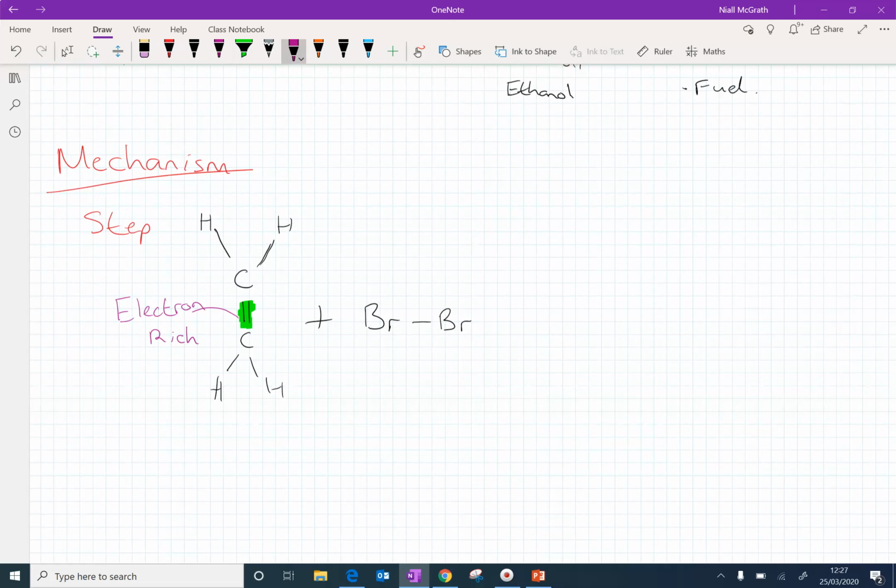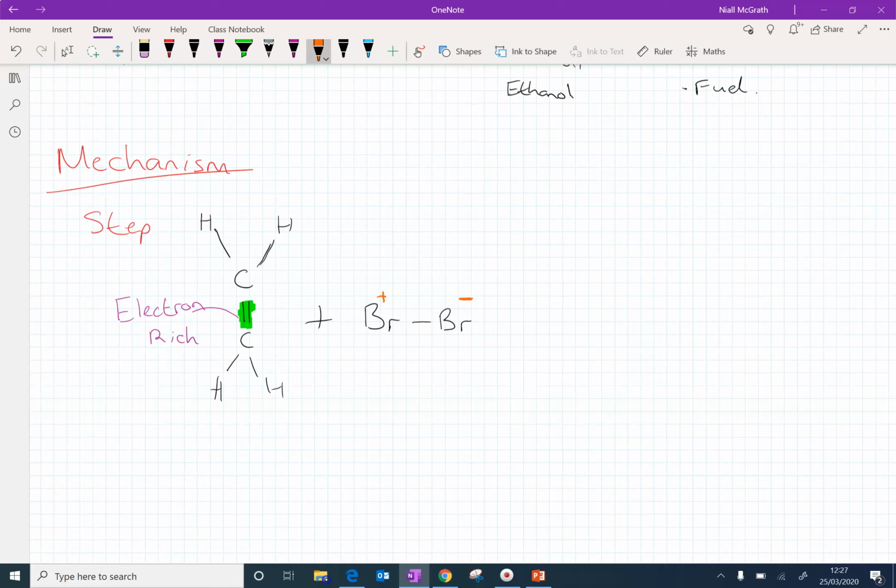As this bromine molecule comes into closer proximity to it, it becomes polarized. For electron rich here, the positive bromine is going to be this side, and this bromine becomes negatively charged.